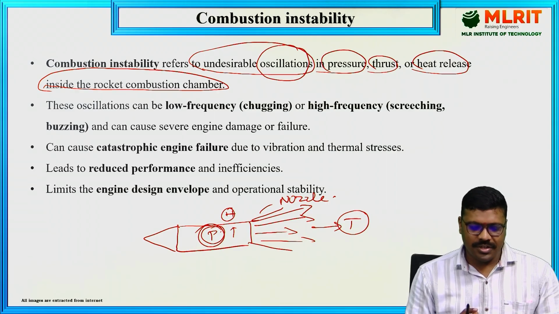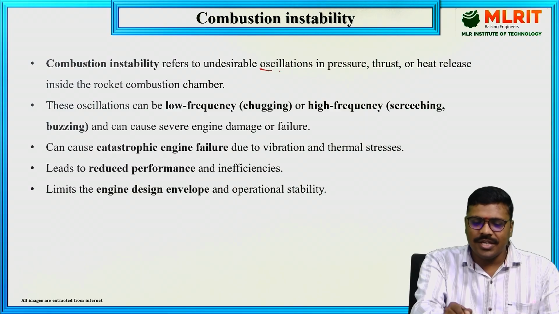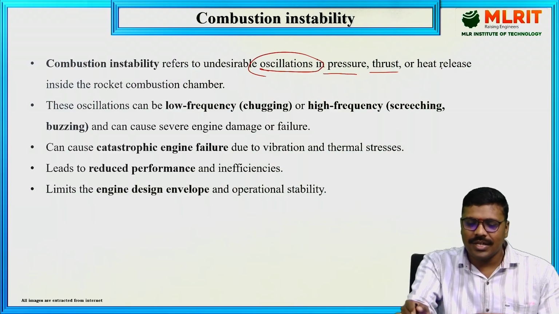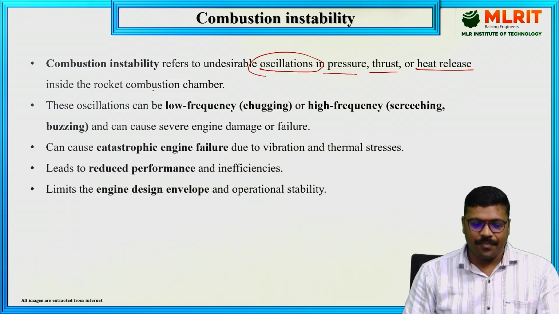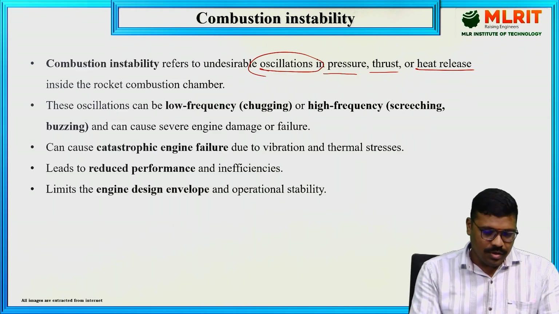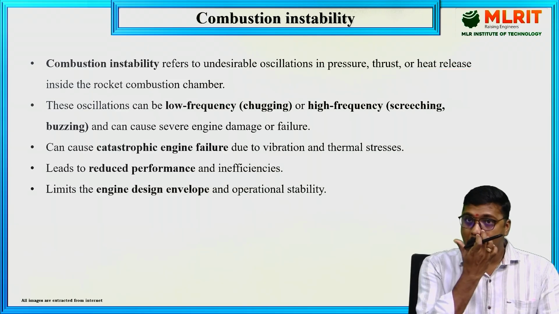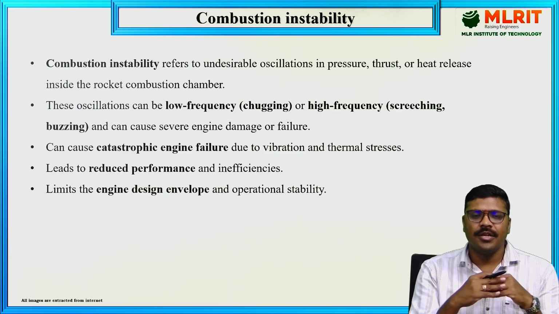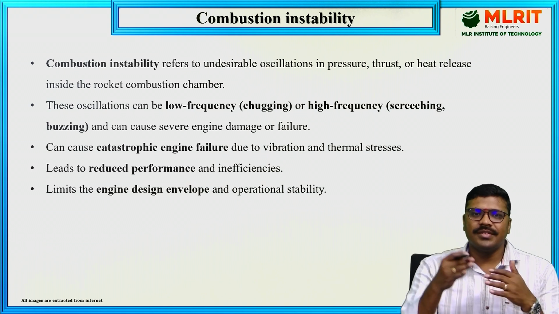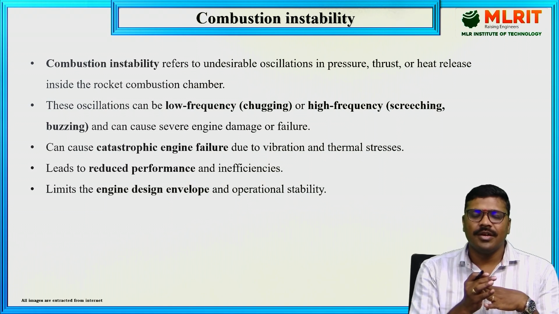So combustion instability is nothing but the oscillations in pressure, thrust and heat release inside the rocket combustion chamber. The pressure increases and decreases in the chamber, so the thrust also increases and decreases and will not be uniform. That is combustion instability.